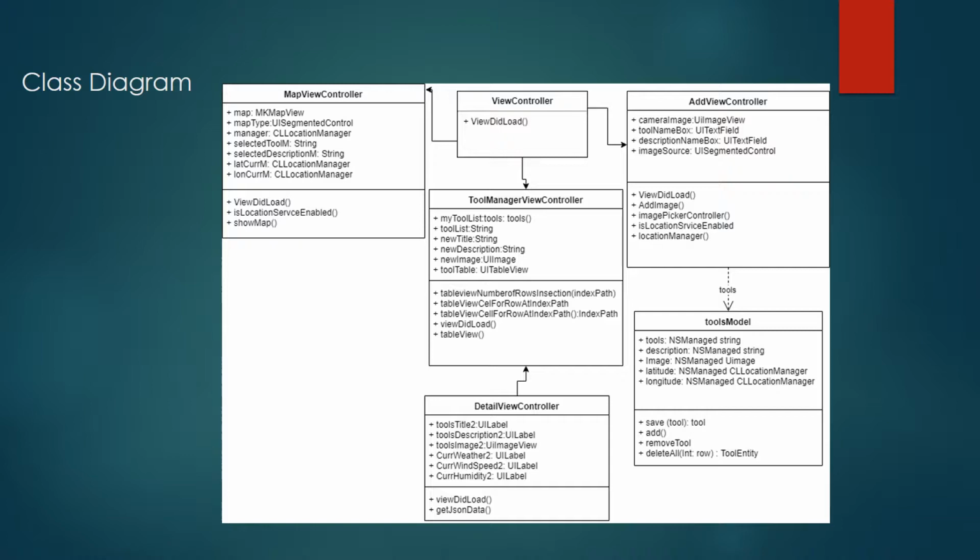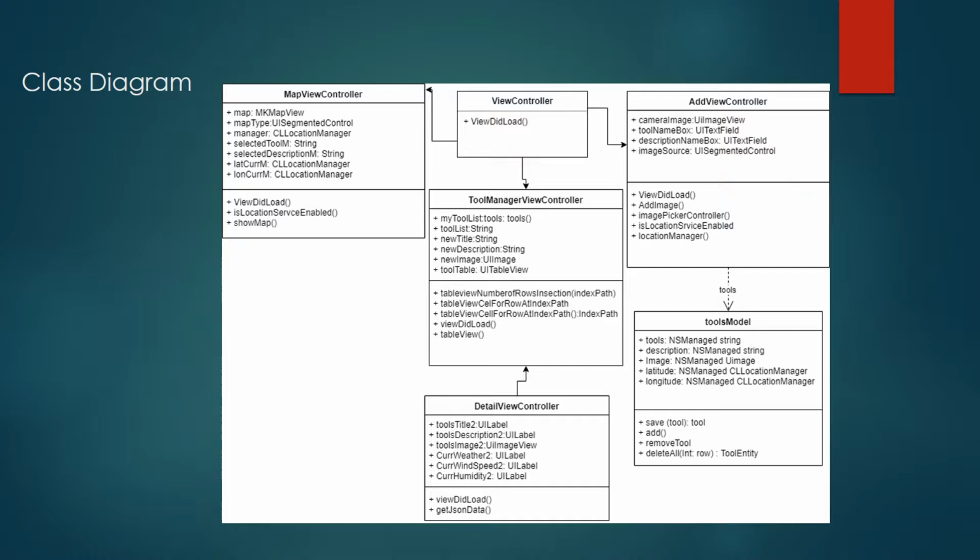This is the class diagram, and from here we can see that we have the view controller, and then from there we have the add view controller. In here is where I store the image of the tool, a description of the tool, of what it does, the name of the tool, and then all of this will go to the tool model, which will also have the latitude and longitude of where the tool is located.